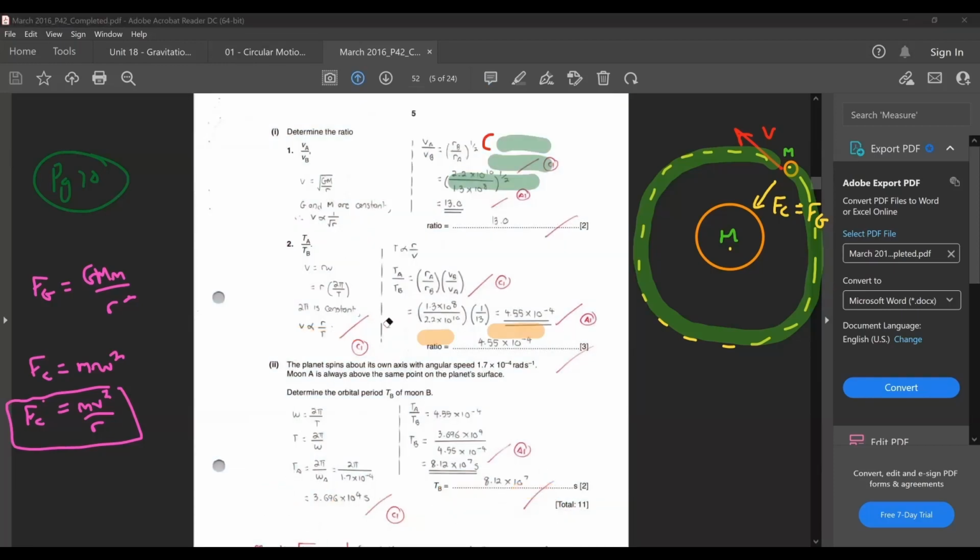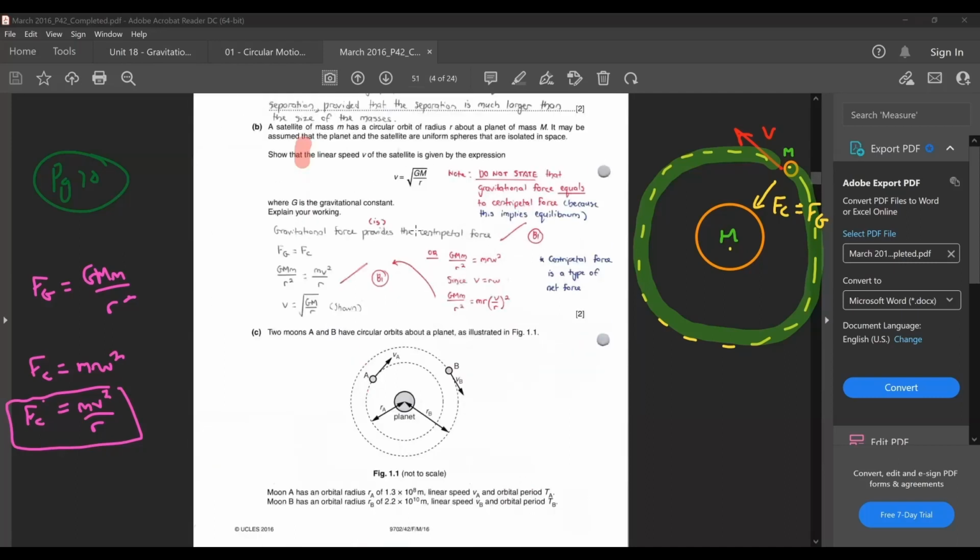Now, a lot of times when you do your paper 4, you will notice that subsequent questions tend to relate back to whatever you have done before. So in your case, they suddenly want the ratio of VA to VB. The hint would come from what you did previously.